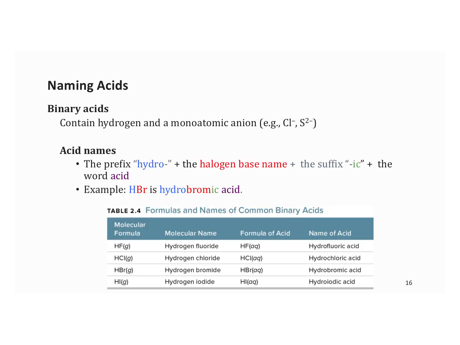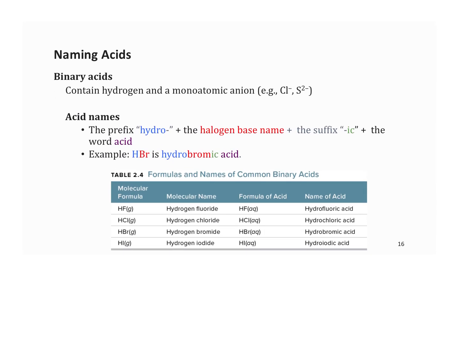Now, I want to hit on acids just really quickly. We are going to look at some reactions of acids and bases. And so to help you with that, it's helpful if you recognize acids. When we look at acids, one type of acid contains a hydrogen and a monoatomic anion. And a really good way to notice that is that hydrogen is right out there in front.